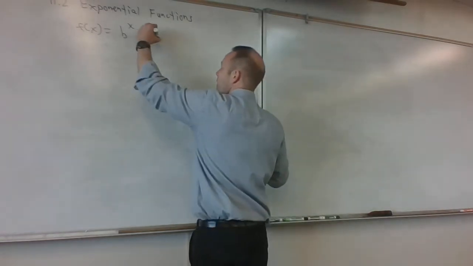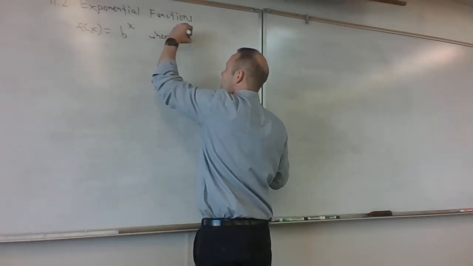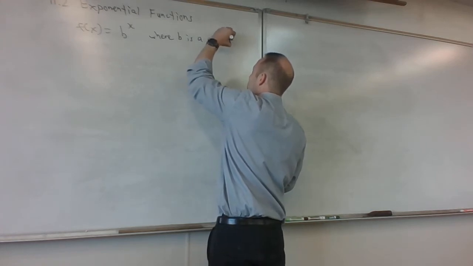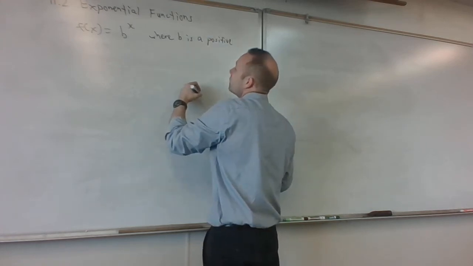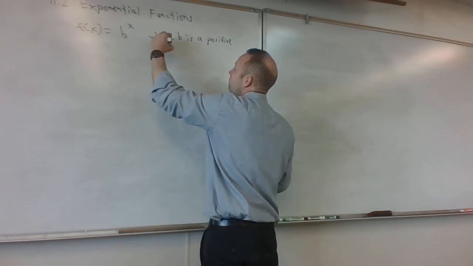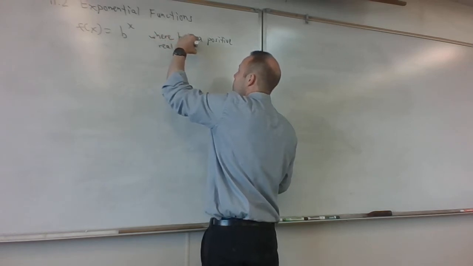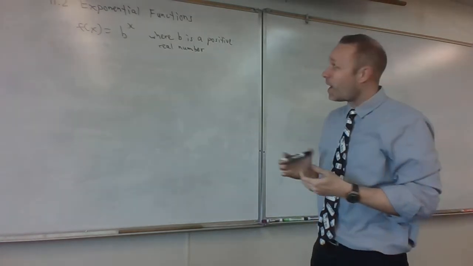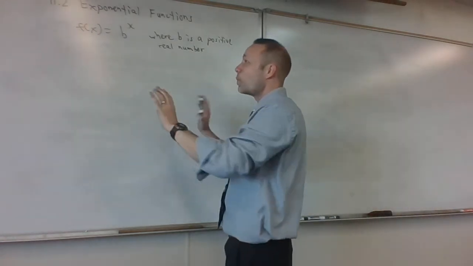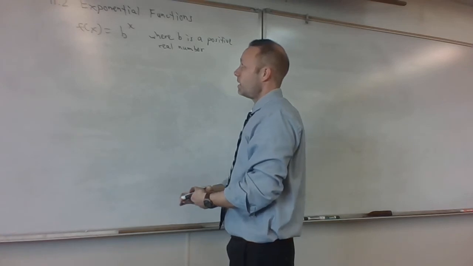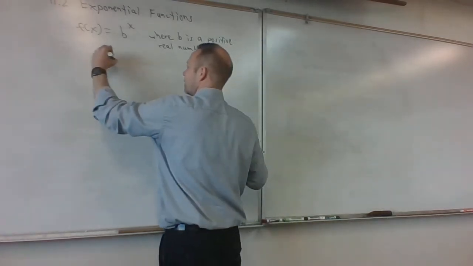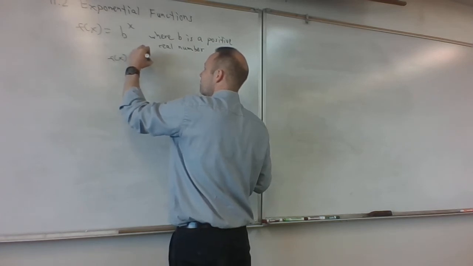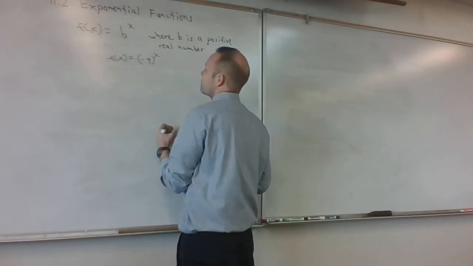B, where b is a positive real number. B needs to be positive because weird stuff starts to happen if you had something like f of x equals negative 4 to the x.